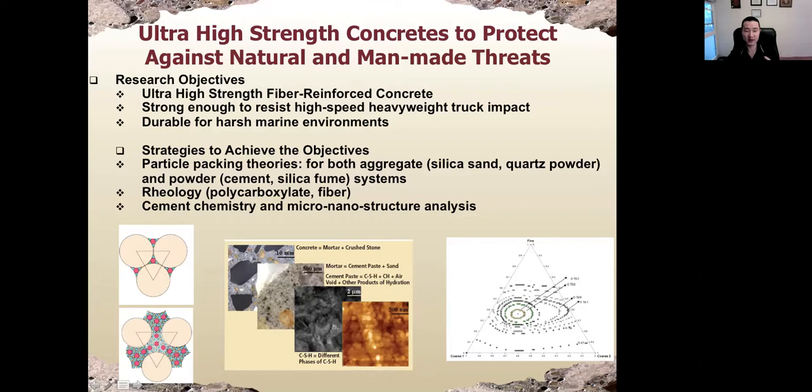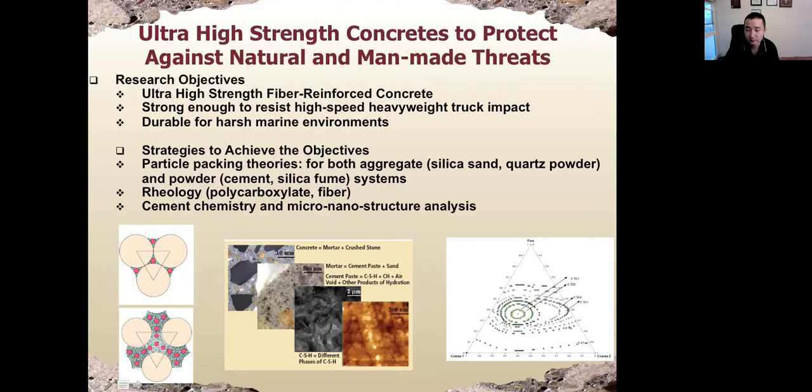We try to achieve a very dense system to improve the strength. We also focus on achieving desirable rheology using high-range water reducers such as superplasticizer, and also use fibers to enhance the toughness of concrete. We also focus on cement chemistry and microstructure analysis to ensure we have desirable hydration products and microstructure.